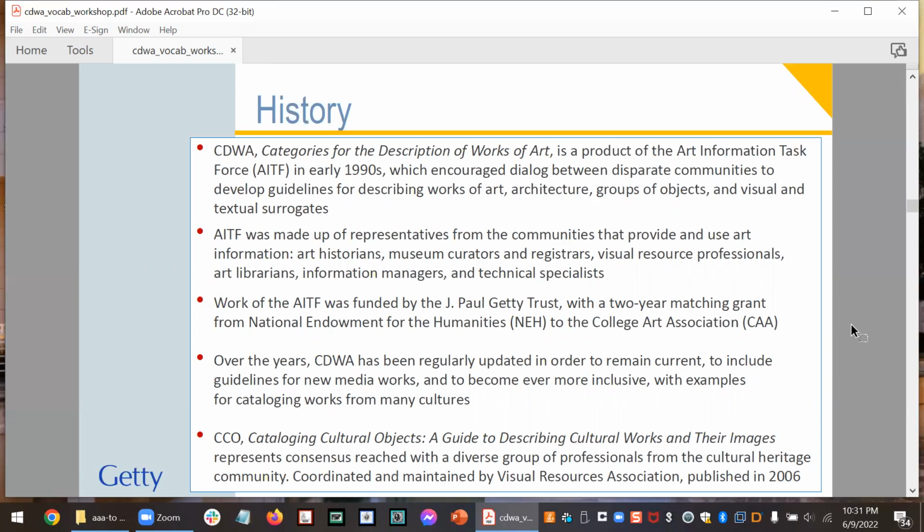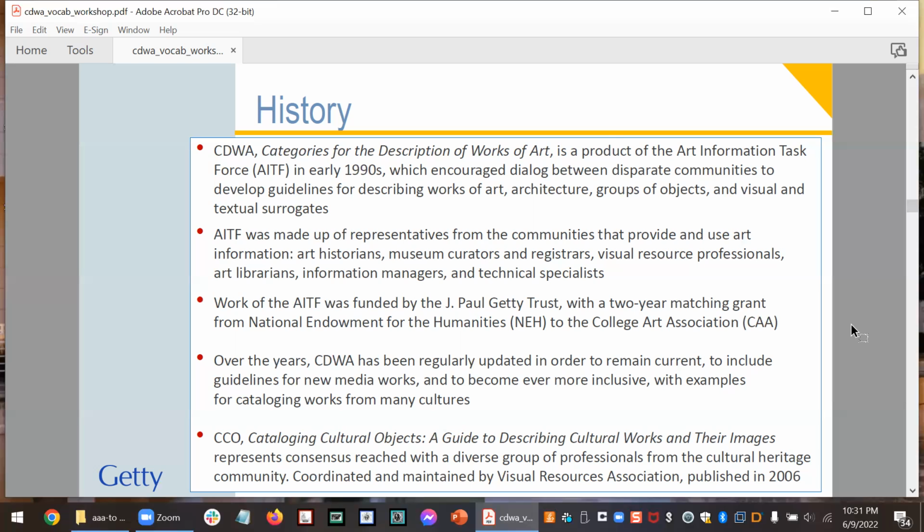There were representatives from the communities that provide and use art information: art historians, curators, registrars, visual resource professionals, librarians, other information managers, technical specialists, and scholars. Working together over a couple of years, they reached consensus on what should be the minimum fields and all of the additional fields used for discovery and cataloging of art information, and to disambiguate artworks from each other.